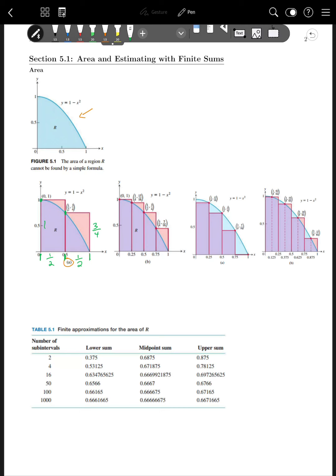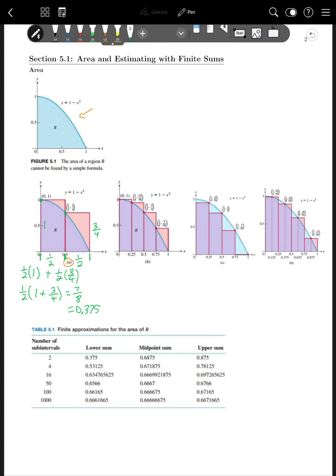To find the area, simple enough, we just use what we know about rectangles. In this case, it would be the height, which is 1 for this first rectangle, and the base is 1/2, the width of the base. The height of the second one is 3/4, and the width is 1/2. So the area of those two regions together would be base times height, 1/2 times 1, plus base times height.